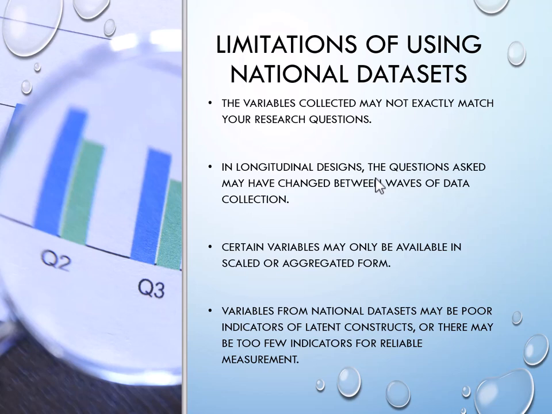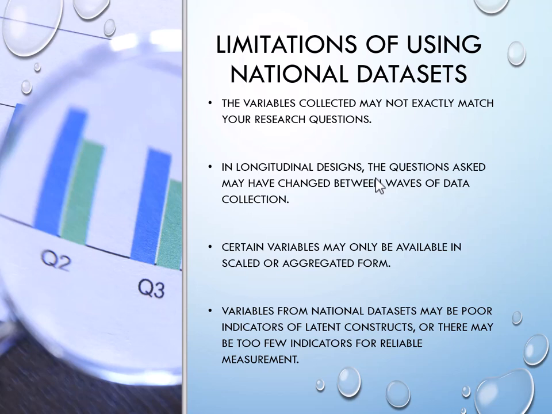Okay. Now, some variables may be scaled or only available in aggregated form, and if you are measuring latent variables, there may be too few indicators of the latent variable, or they may not be strong indicators. So typically, with a scale that was specifically developed to measure a construct and well validated, if you fit, for example, a confirmatory factor analysis, you would expect strong factor loadings above 0.7.